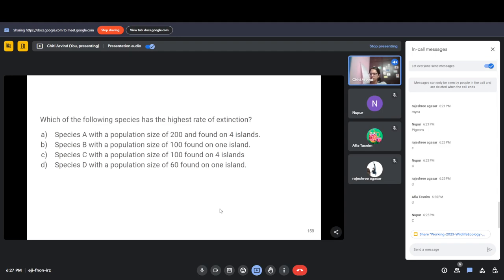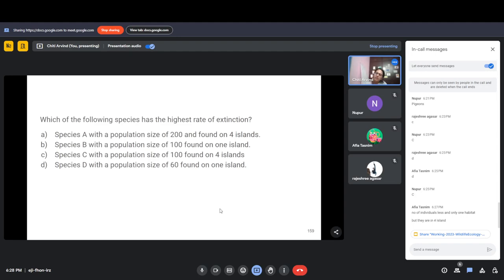Why did you choose D over C? Right, but even if we have number of individuals, well, species C has 100 individuals, which is more than species D. Right.